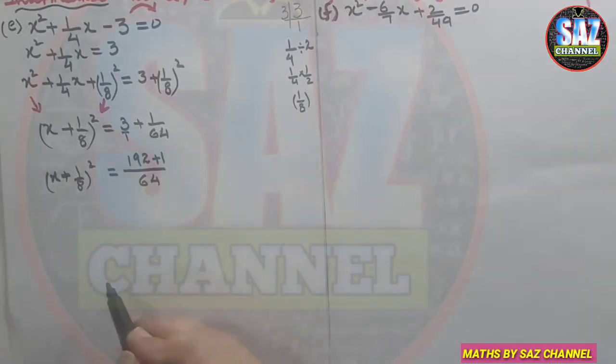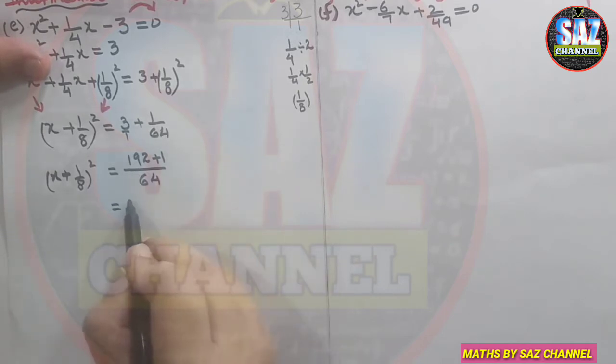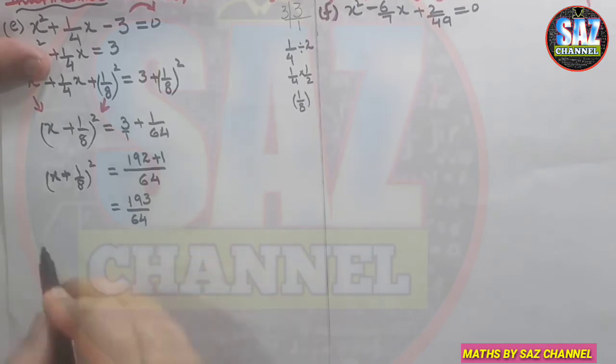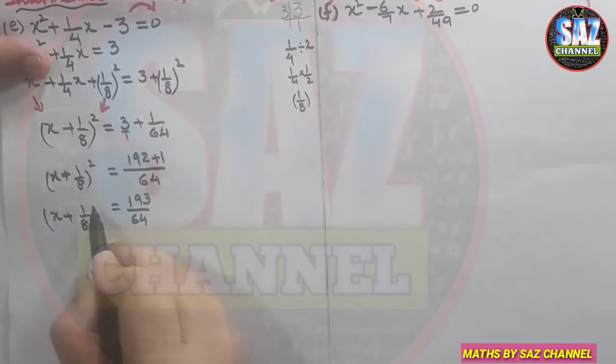Now add up 192 and 1. This will give me 193 by 64 equals (x plus 1 over 8) whole square.